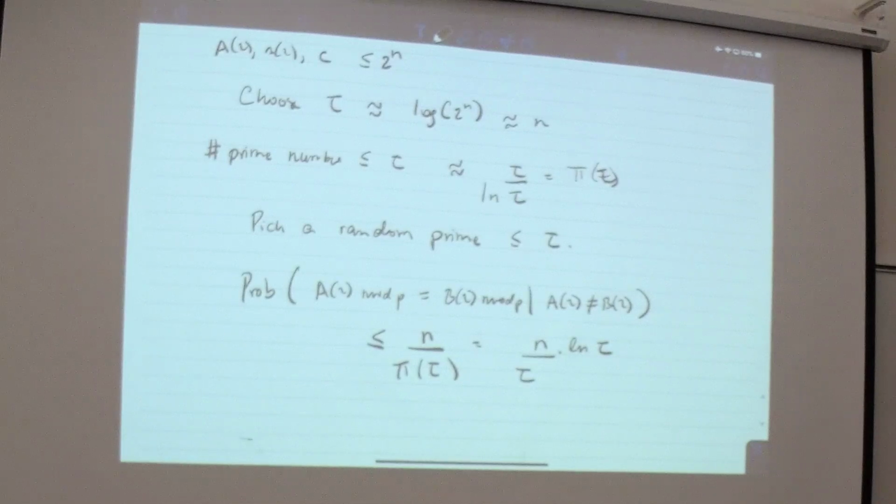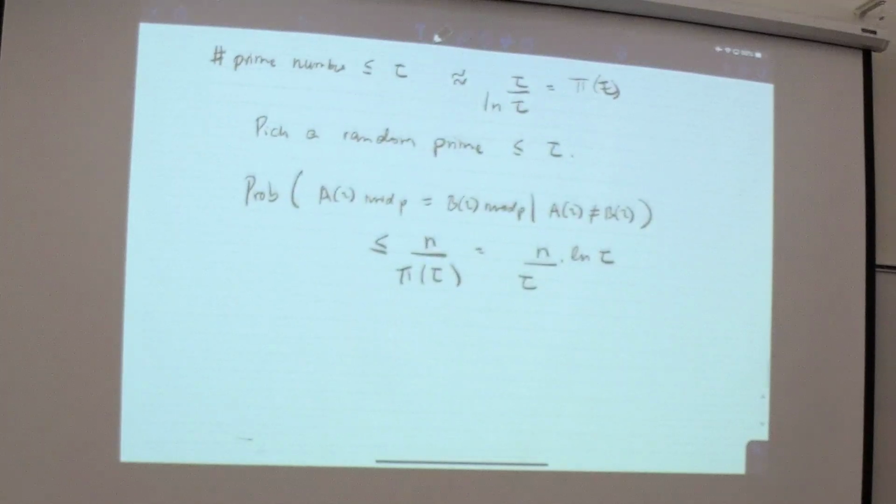We just said I want it to be in the n range. But now we can be very specific. This is the probability of error, and we want to make sure this number is very small. So we want pi of tau to be a lot bigger than n. And so what we do is we pick tau to be something like (1 over delta) n log(n over delta).